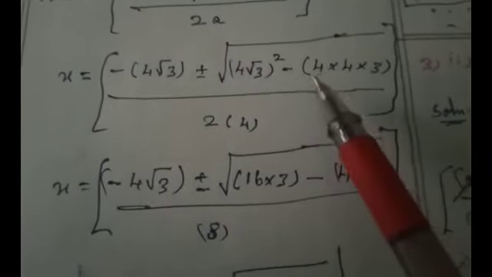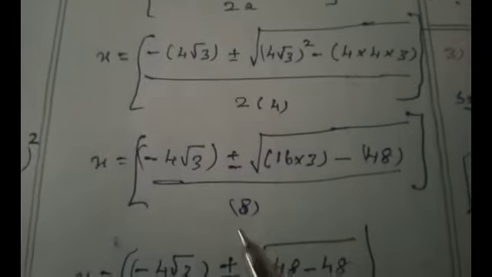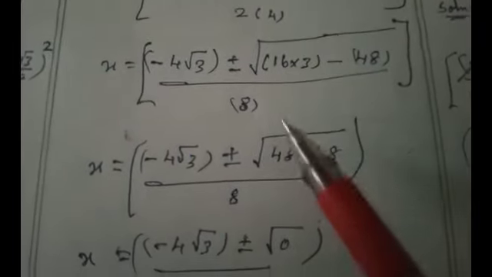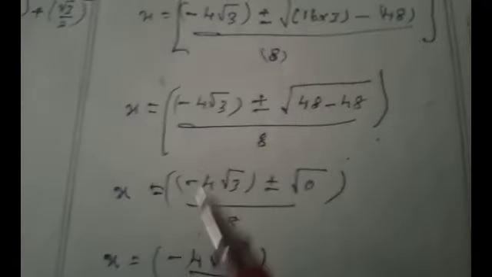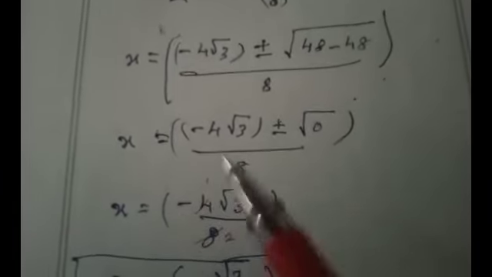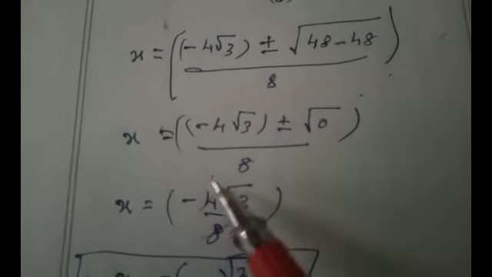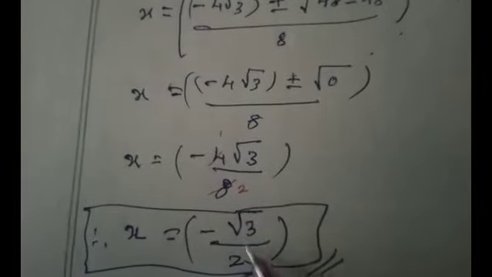So 4 4s are 16, 16 into 3 is 48, and 2 4s are 8. So this is minus 4 root 3 plus or minus square root of 48 minus 48. So it becomes 0. The remaining is x is equal to minus 4 root 3 by 8. On cancellation, 1 4s are 4, 2 4s are 8, we get x is equal to minus root 3 by 2. So we have arrived at the same answer.